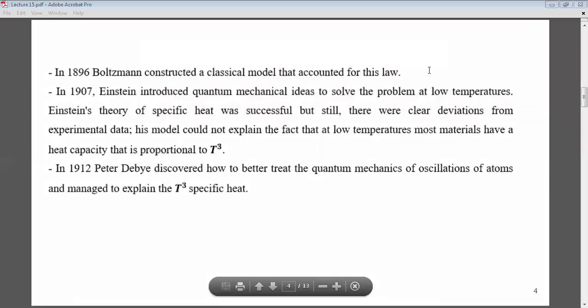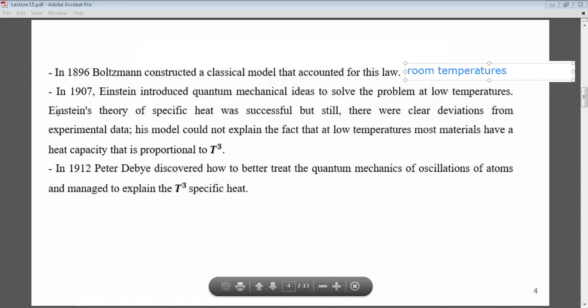He found that most of the atoms obey his model, but at low temperatures, they don't obey the model. So Einstein came in 1907 and introduced quantum mechanical ideas to solve the problem at low temperatures.